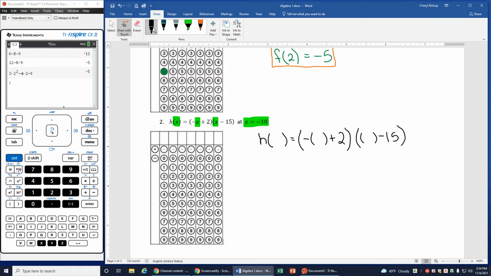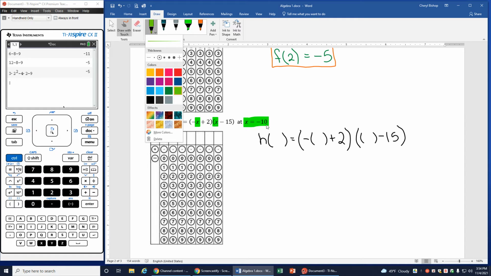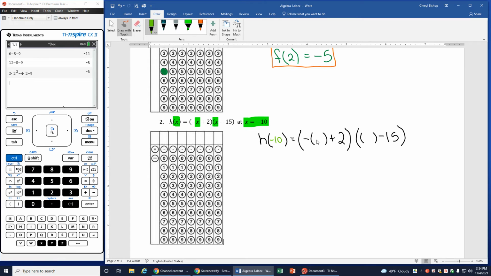And I'm replacing the x with the negative 10.